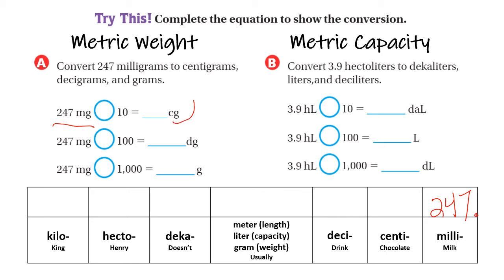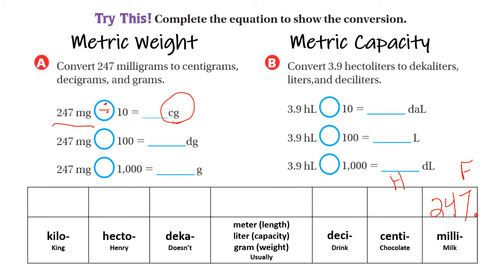We want to go to centigrams. So milligrams is our fly, centigrams is our horse, fly to horse, divide, of course. So that's what goes here. We're going to divide by 10. Whoops. Oh, this is not cooperating. There we go.